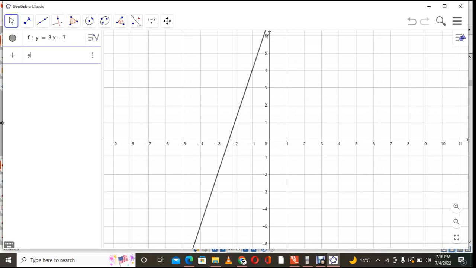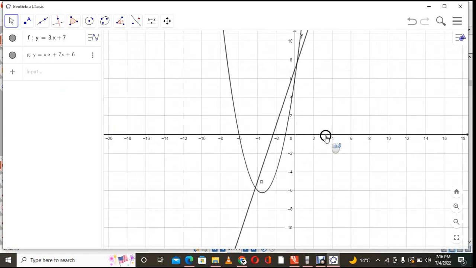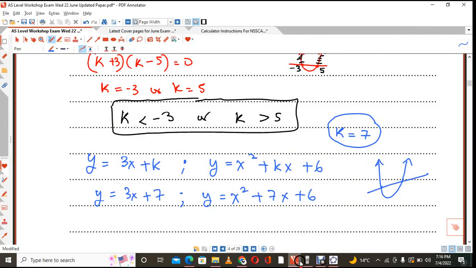The other one was y equals, it was a curve, x squared, then I said plus 7x, all right, plus 6. Can you see that if I just zoom, the line is cutting the curve at two distinct places for values of k that are greater than 5.